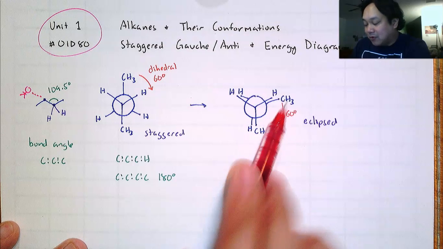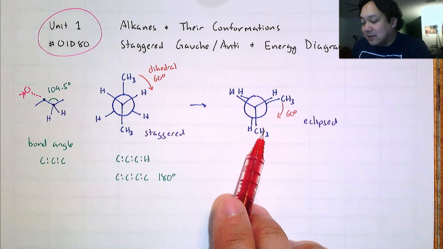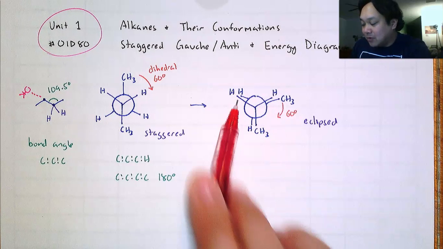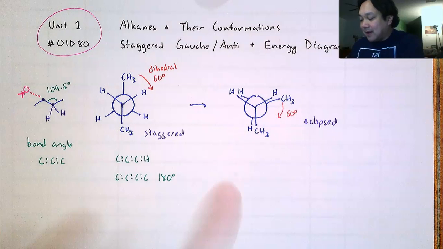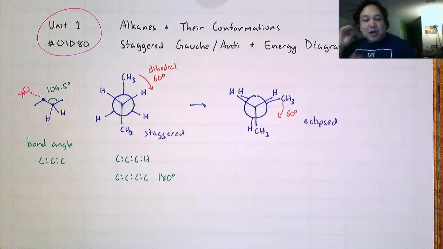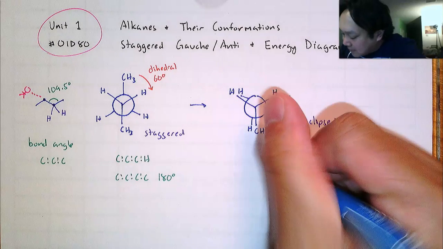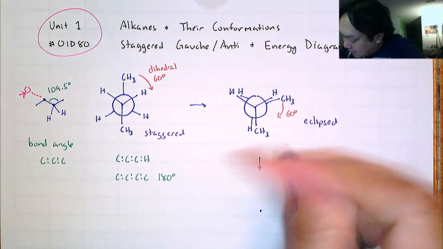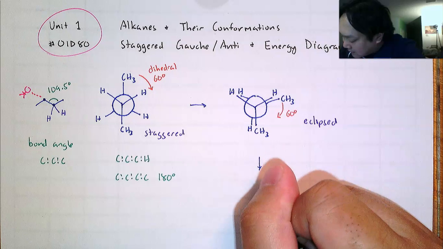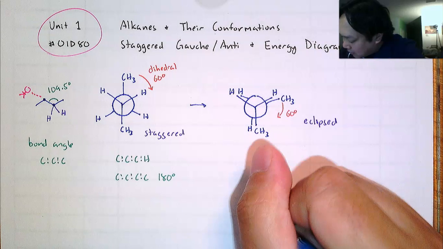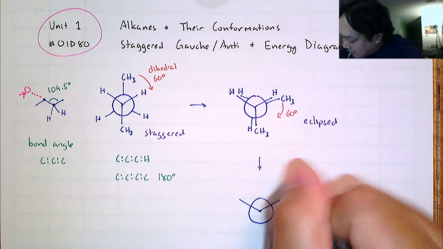That's 120. A full circle is 360: 120, 120, 120. So we're toggling between staggered and eclipsed. And if I know that I'm going to draw a staggered conformation, why don't I go ahead and draw the template for that?